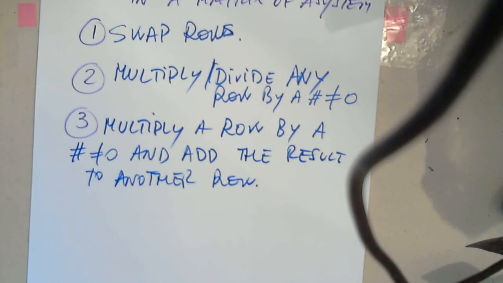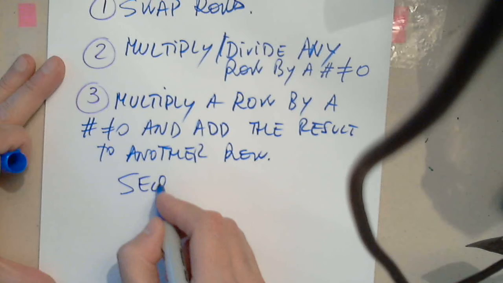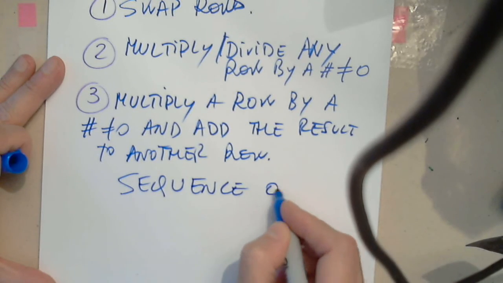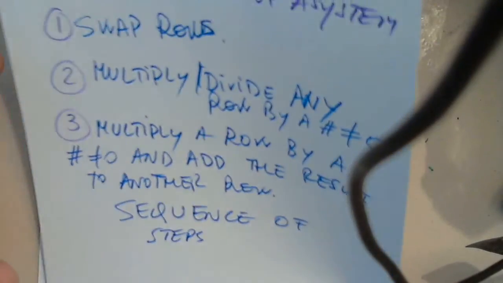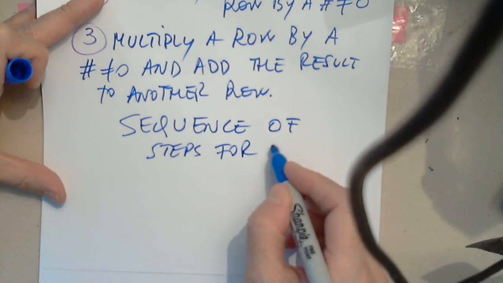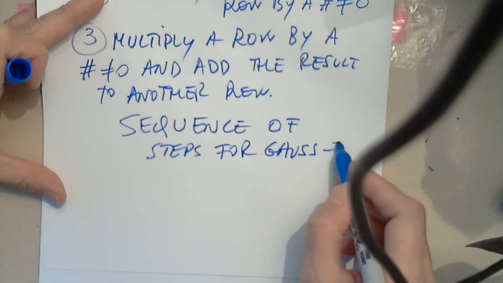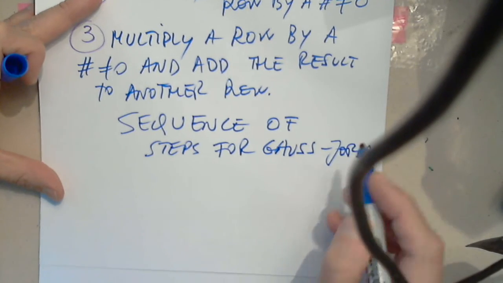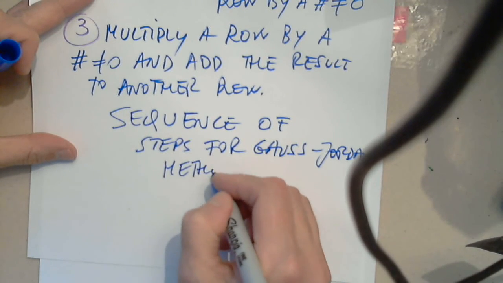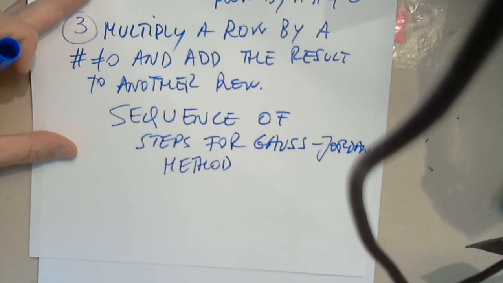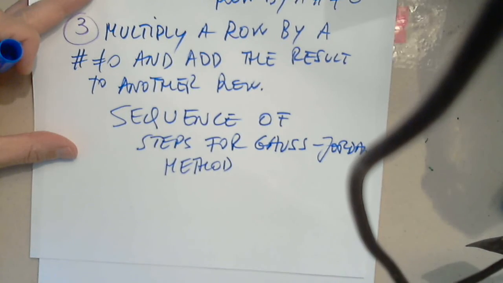Now this is the key. The sequence of steps for Gauss-Jordan method. Okay, good.